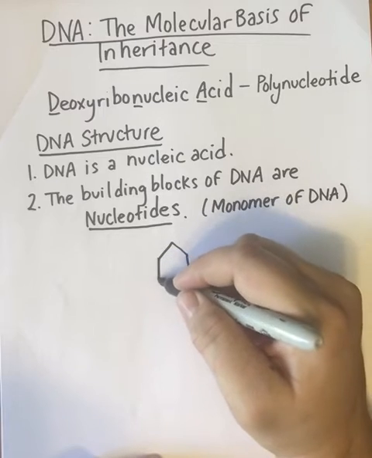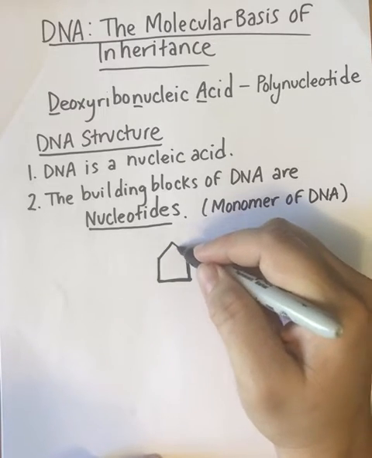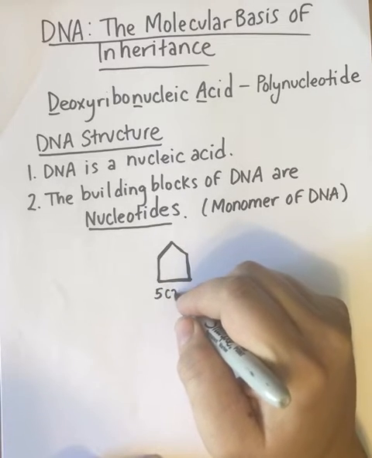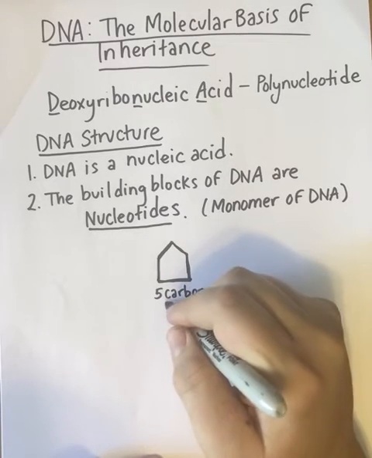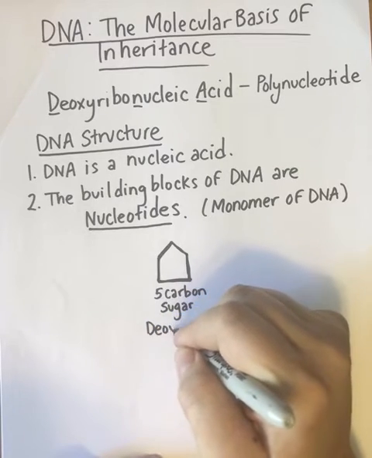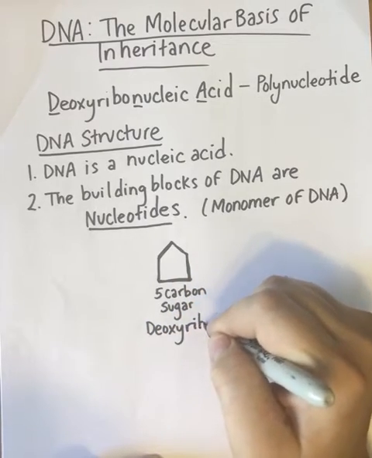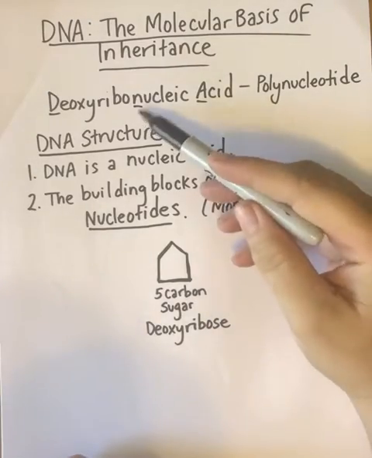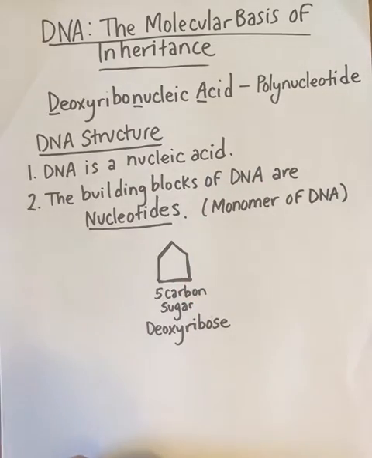Now each point of the house represents a carbon. So this is the 5-carbon sugar, deoxyribose. We know that deoxyribose is the 5-carbon sugar of DNA because it's part of its name.